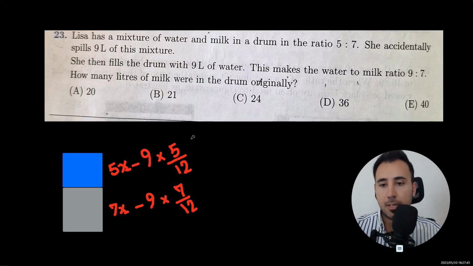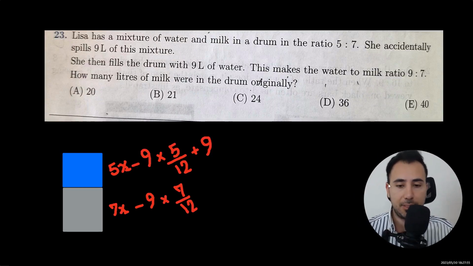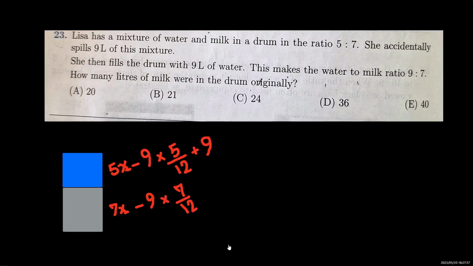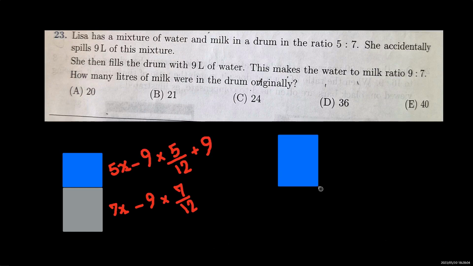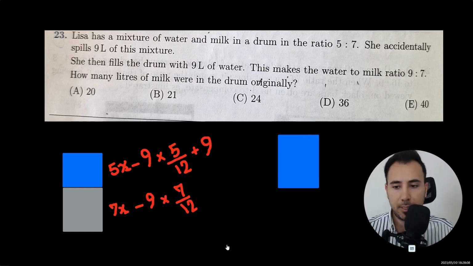We then add 9 liters of water. So when we do this, water will be more, 9 to 7. If I want to draw a picture again so that you could visualize it, now there is more water, but the milk would be less than we had at first.